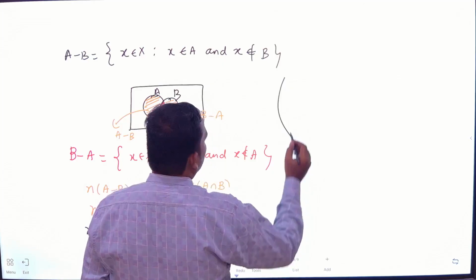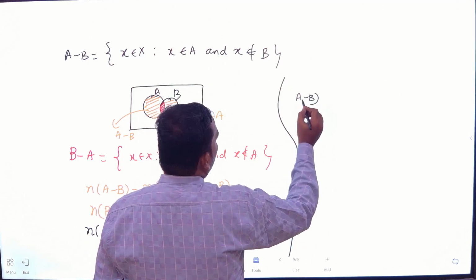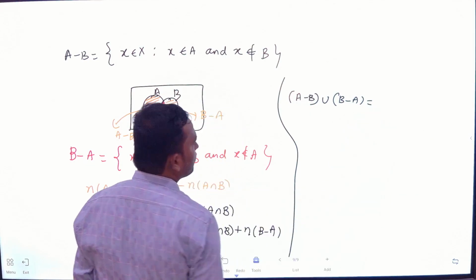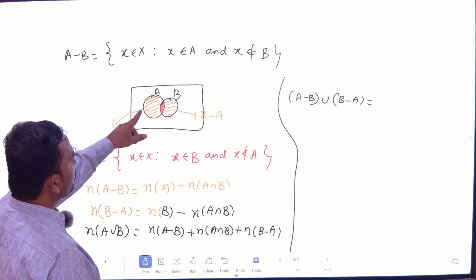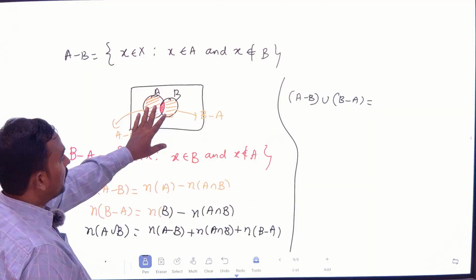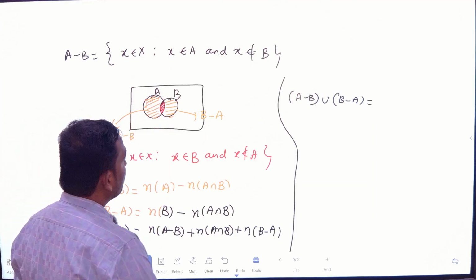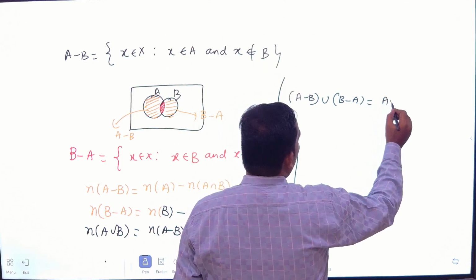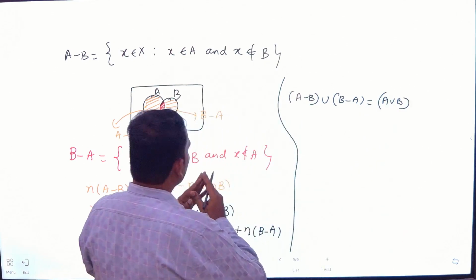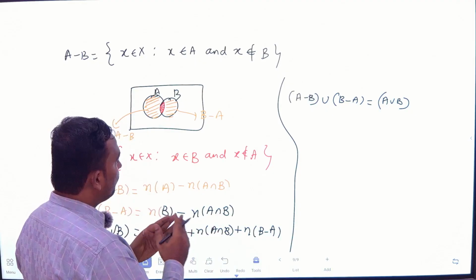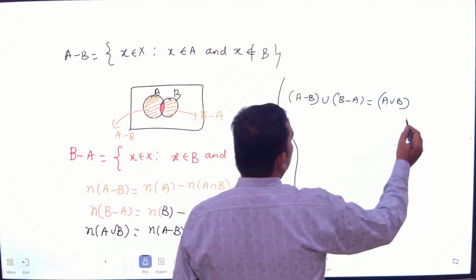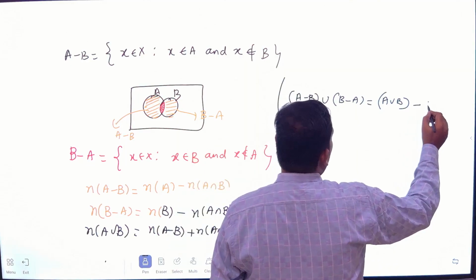You can observe A minus B union B minus A. These yellow colored portions, right? A minus B union B minus A. You can take the whole A union B and remove the A intersection B, right?